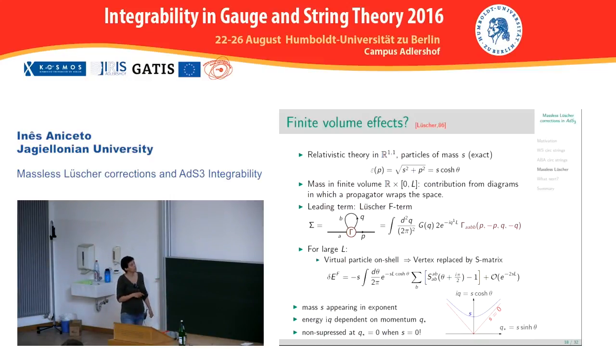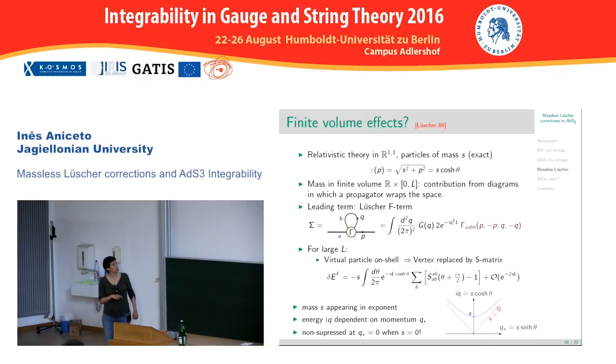So the leading term is when you have one propagator, one vertex here, sorry, not propagator, and it's basically given by this. You can see here an exponential proportional to the momenta, which is why the Lüscher corrections typically are exponentially suppressed. Moreover, I'm doing finite volume, but I'm still taking the volume to be large.